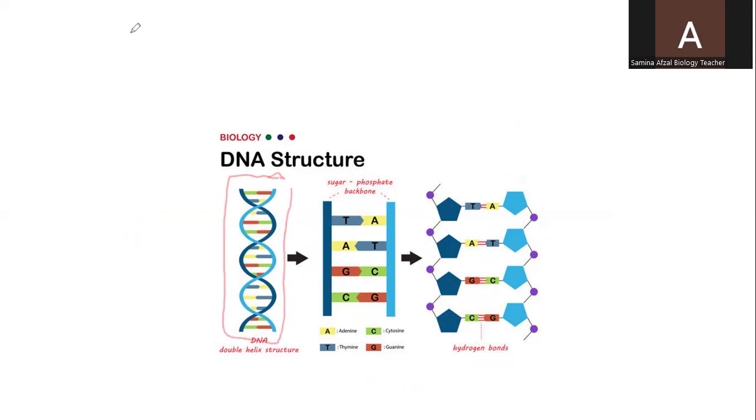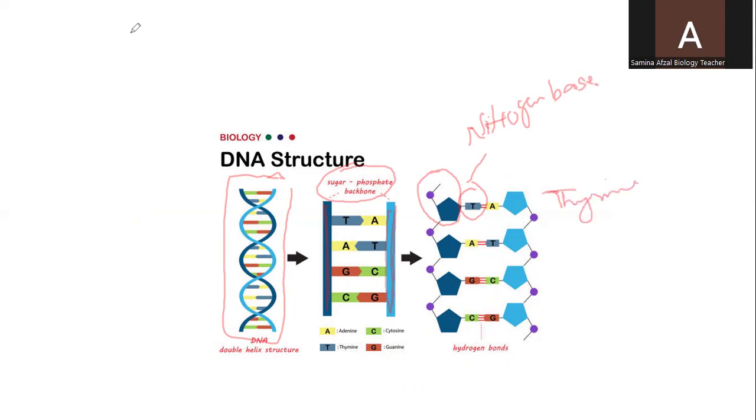And these two sides act as a backbone, and they are made up of sugar and phosphate molecules. And then one nitrogen base. And this nitrogen base is T. T means thymine.